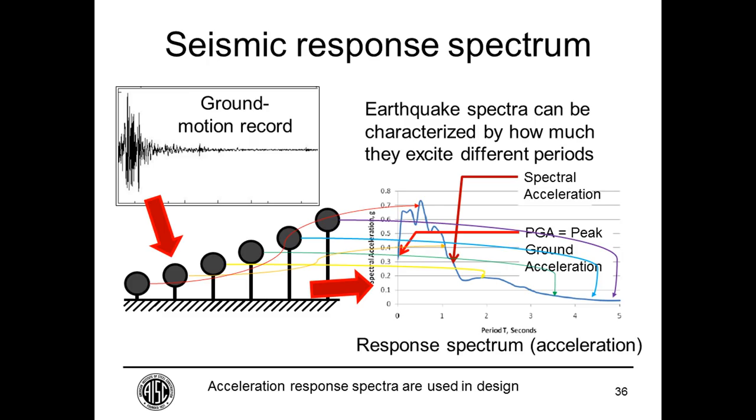So after an earthquake, it's always very interesting to see what the earthquake response spectrum looks like for that particular earthquake. And sometimes they're complicated, and sometimes they have a spike or an unexpected very high portion, say at 2 seconds or 3 seconds.